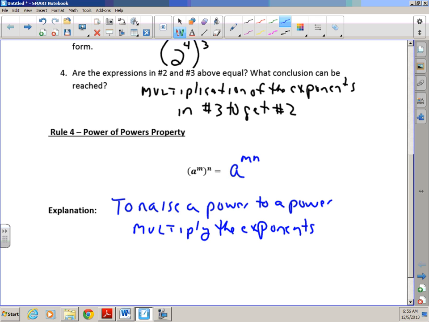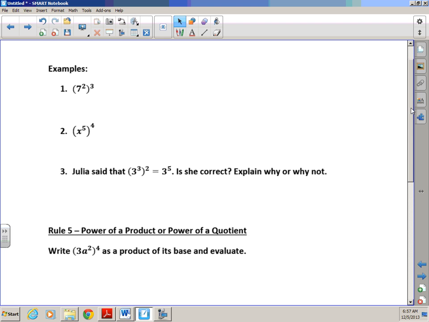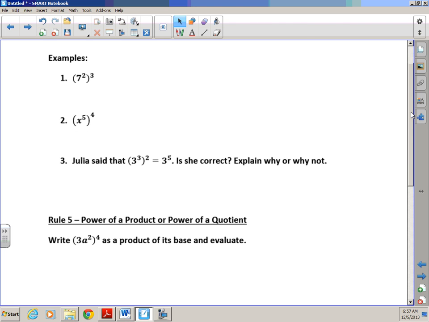Okay? So let's go through a few examples of this. These are the more straightforward ones. So 7 squared cubed, 7 to the 6th, x to the 5th to the 4th, x to the 20th.